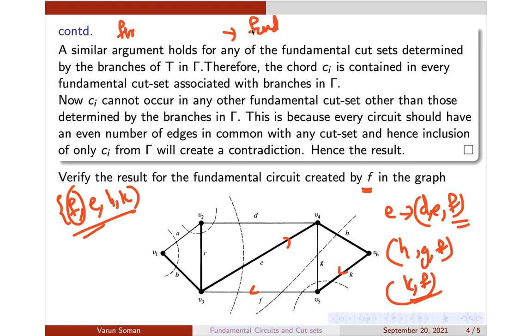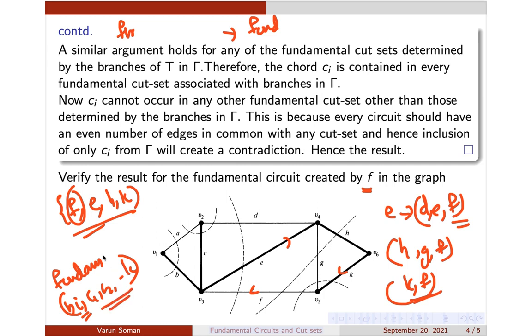First of all, a fundamental cut set would contain a branch Bi and some chords. The next theorem states that this branch Bi would be present in all the fundamental circuits created by these chords and in no others.